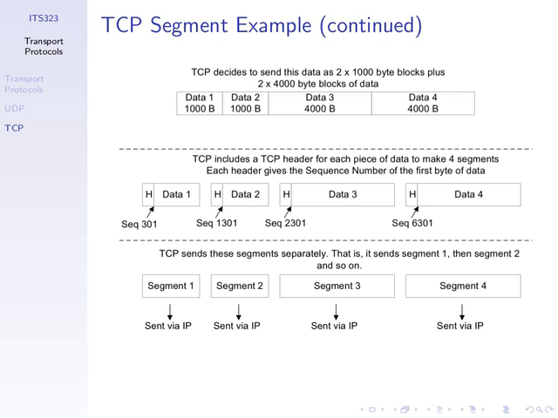We could draw that like this. That is, this is the first segment. To indicate that it contains data, that's a TCP segment containing data, I'll just write the word data. And the sequence number for this data was 301.